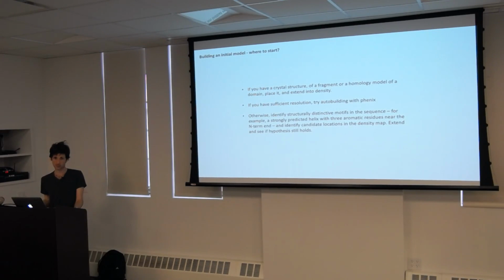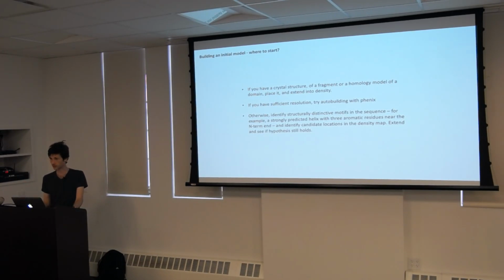If you do have sufficient resolution, let's say beyond 3.5 angstroms, try auto building, but be very skeptical of the results. Assume they're wrong until proven otherwise. Look at them very, very carefully and work out which ones you actually believe. Trim back the auto-built model as much as possible so the only bits that are there are things that you actually think are right, and then extend them.